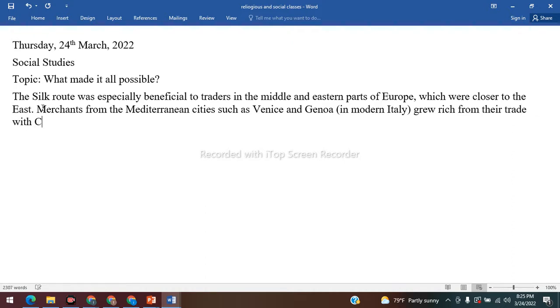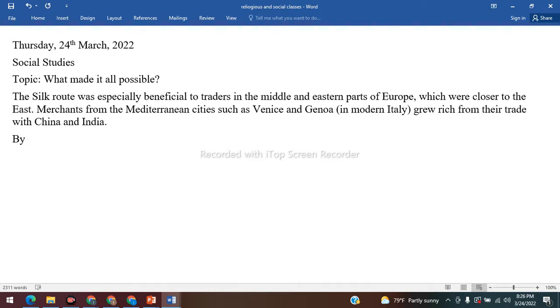From their trade with China and India. So the Silk Route helped to make the voyages possible, but there's something else that also helps, that I really wanted us to talk about, what we call the Renaissance.